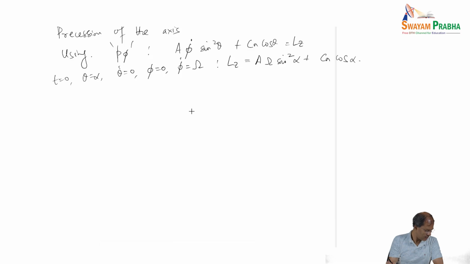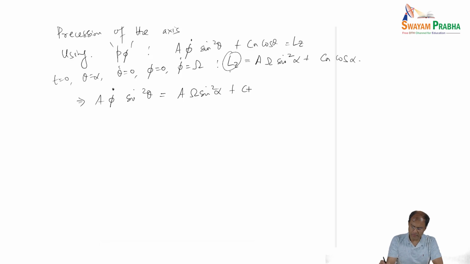And then we plug this information for LZ in our top equation. So we get that a phi dot sine square theta is equal to a omega sine square alpha plus cn cos alpha minus cos theta.